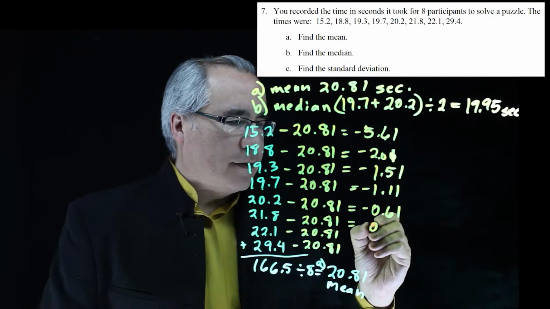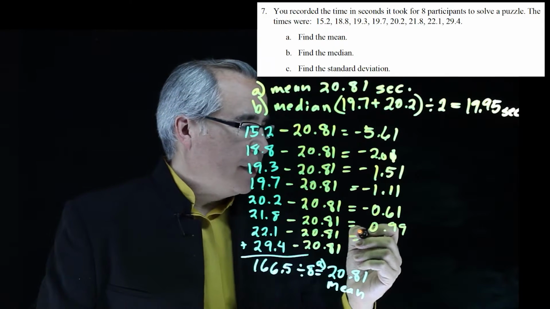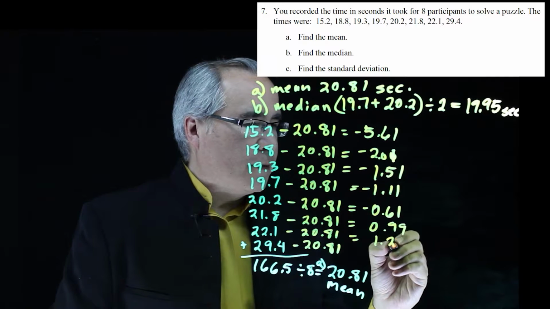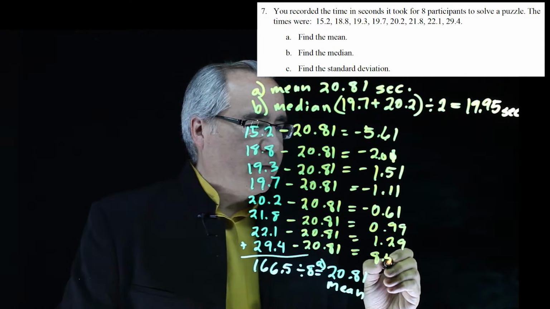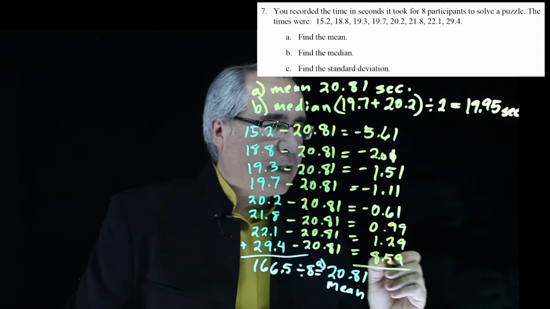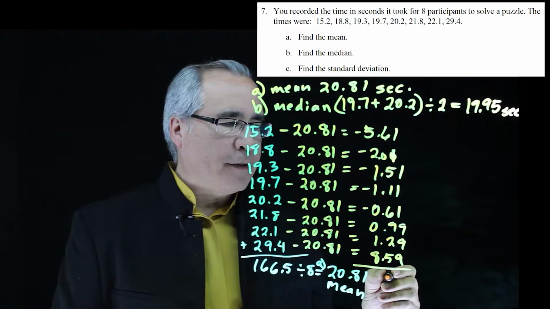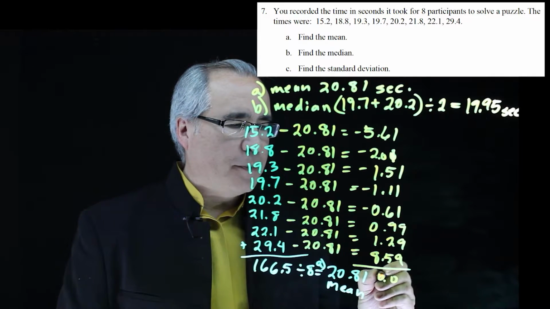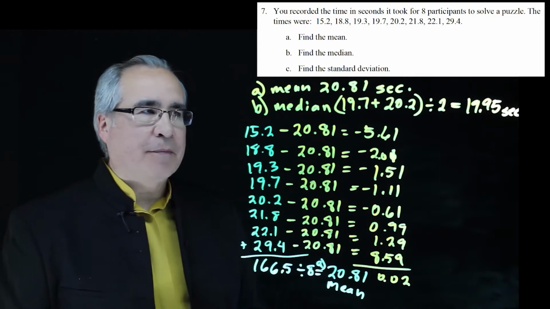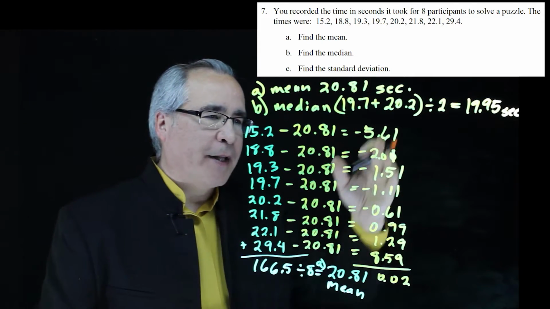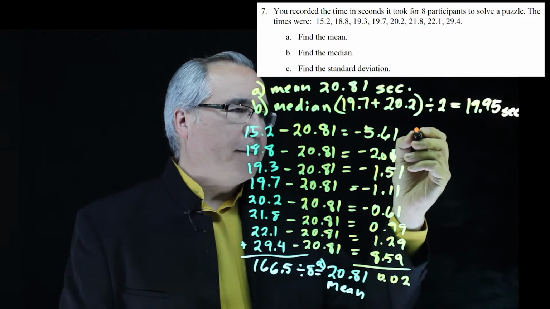This one is 0.99 into the positive region now, and 1.29, and finally 8.59. Now here's the thing, if we add all these up, generally we'll get 0. We've got a little bit of a rounding error, so we get 0.02, but that's due to not going out all the decimal places. So these are the deviations, but they're not really helpful.